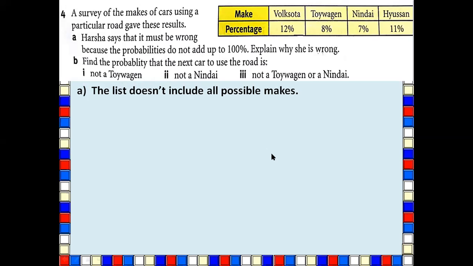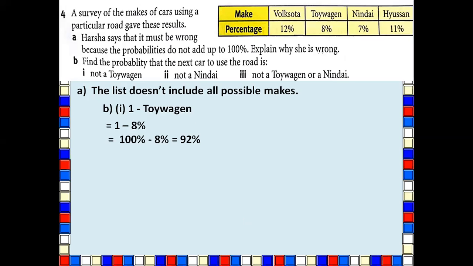We make 1 minus 8. 1 minus 8%, yes. Which is what? We will get 92. 92%, excellent.